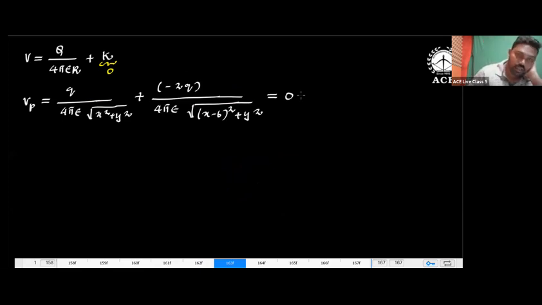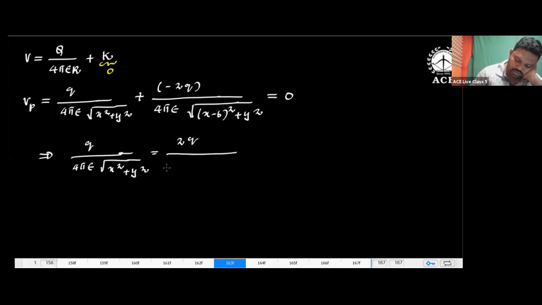Clear, beta? So what happens to this one? Q divided by 4 pi epsilon square root of x square plus y square equals 2Q divided by the square root of (x minus 6) square plus y square.